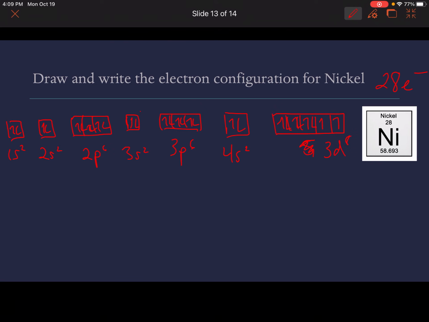It's got 2 spots left in that d sublevel. So that would be drawing it. Writing it, again, you're just going to copy this out. So 1s2, 2s2, 2p6, 3s2, 3p6, 4s2, and then 3d8. Okay, so that's how you would do that.